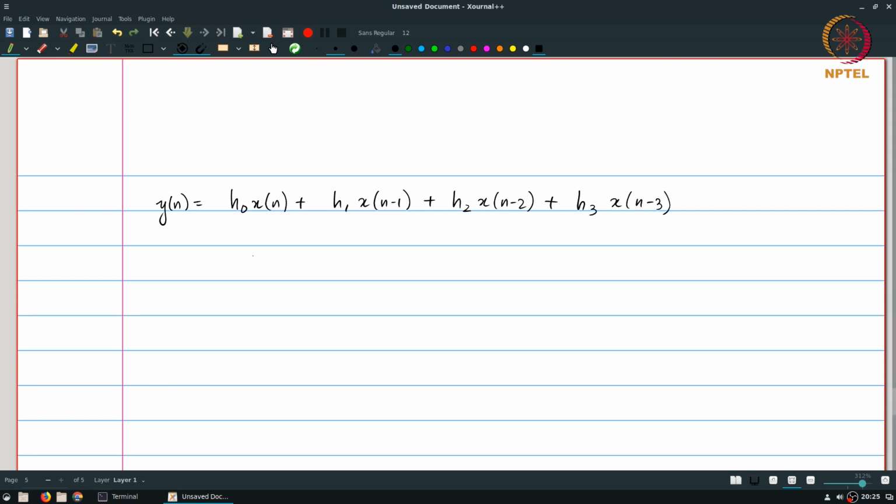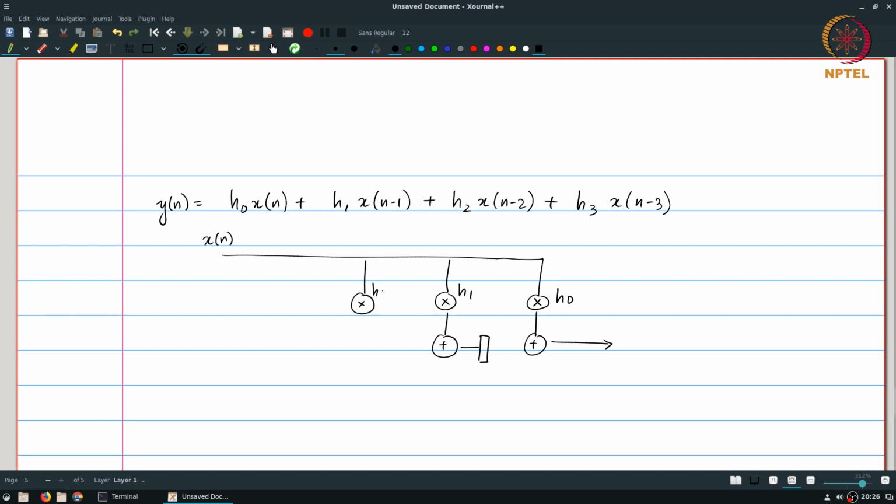I'm going to draw what's normally called the direct form 2 or the broadcast architecture for this filter, which would look something like this. X of n goes into h0, also into h1, but that is then sent through a delay element, h2 through 2 delay elements, and h3 through 3 delay elements.